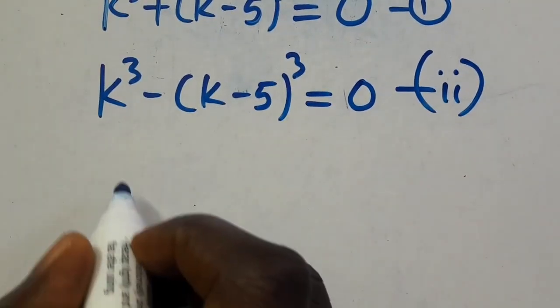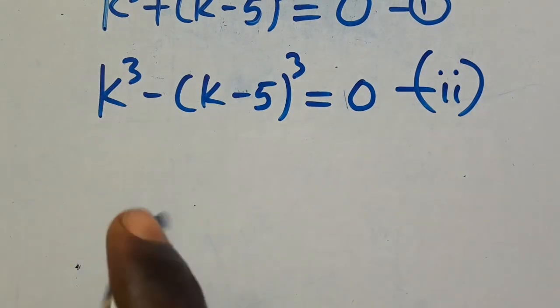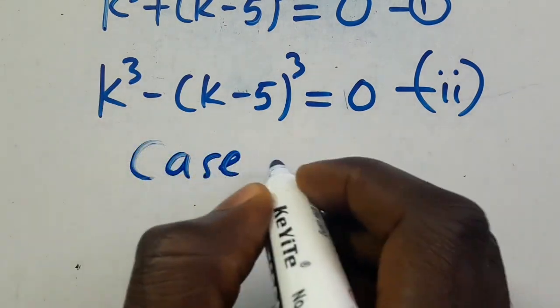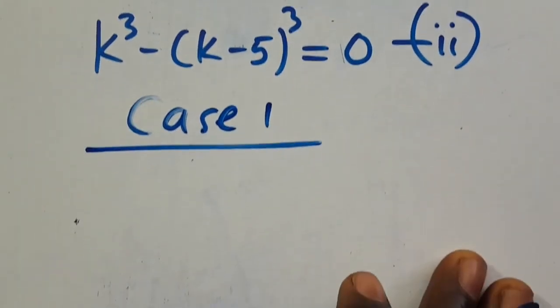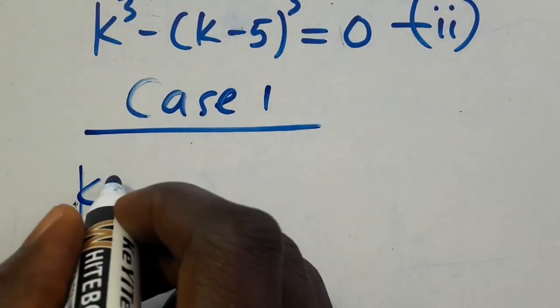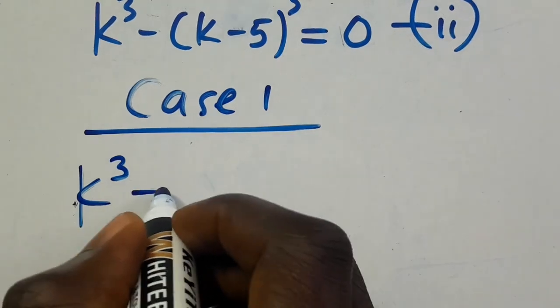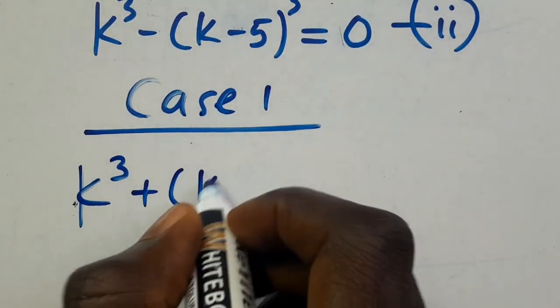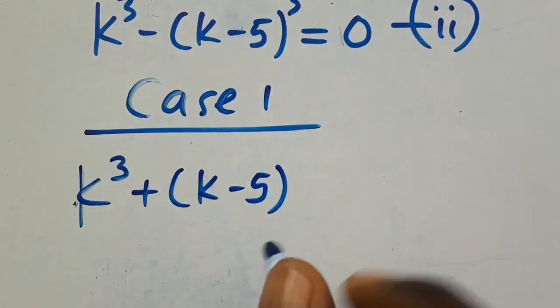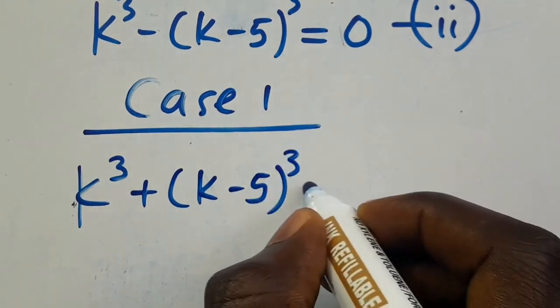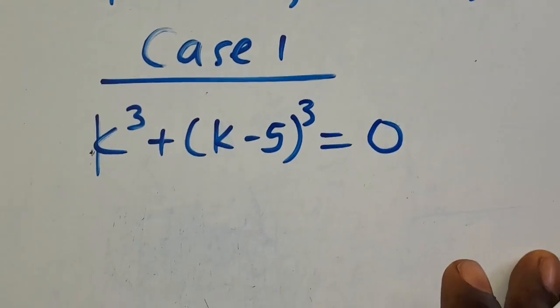From here we are going to have k to the power of 3 plus (k minus 5) to the power of 3, everything equals 0.